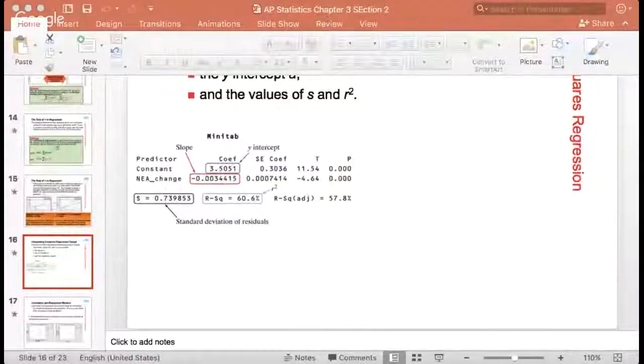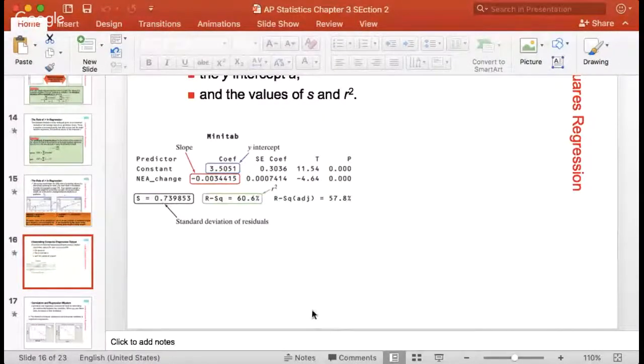Okay, I'm going to put this on here so that you can see. Based upon the information I'm given, let's talk about the slope first. The slope would always be the change in calories.